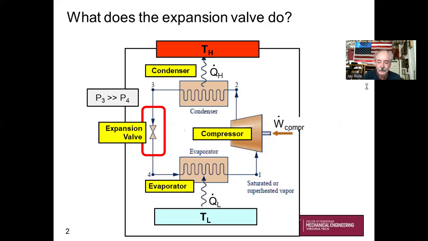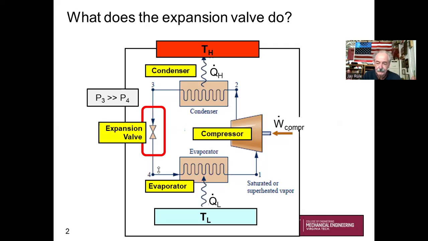Let's go back to our refrigeration cycle. Here's our basic sketch. We're going to analyze this expansion valve, where we're coming out of the condenser as saturated liquid at a pretty high pressure, P3, and going through this expansion or throttling valve down to P4, a much lower pressure.